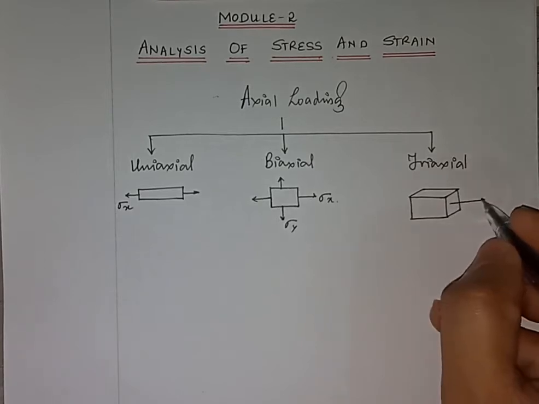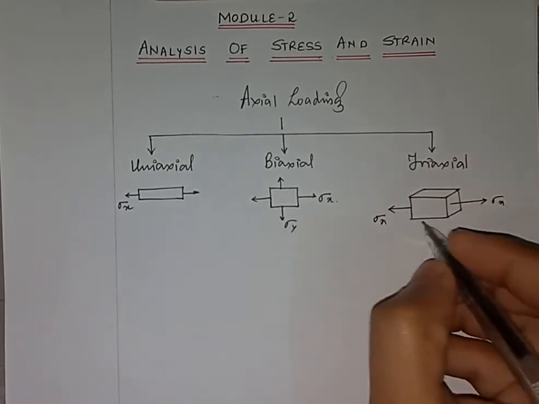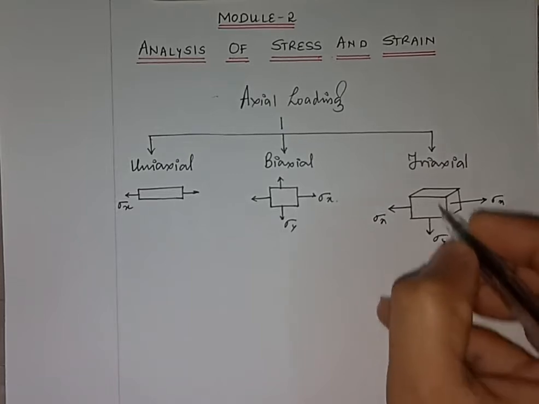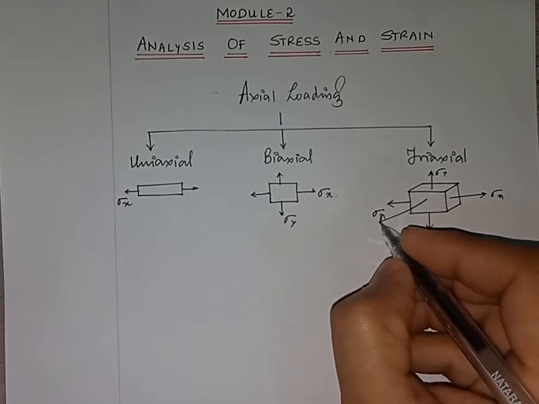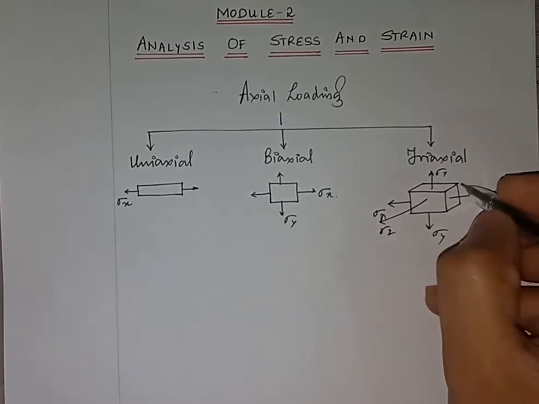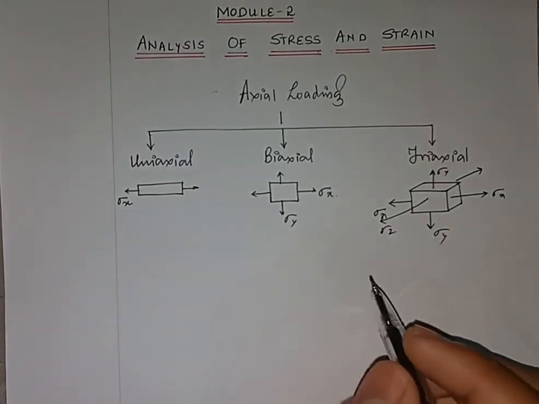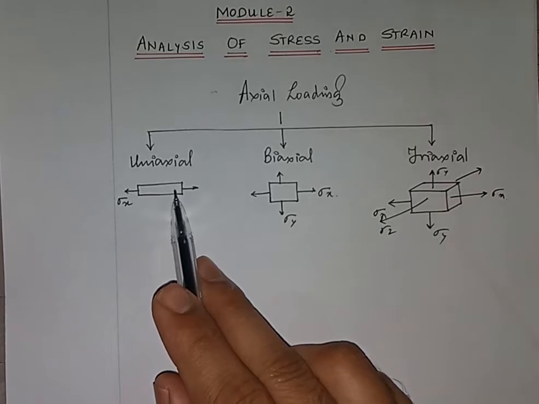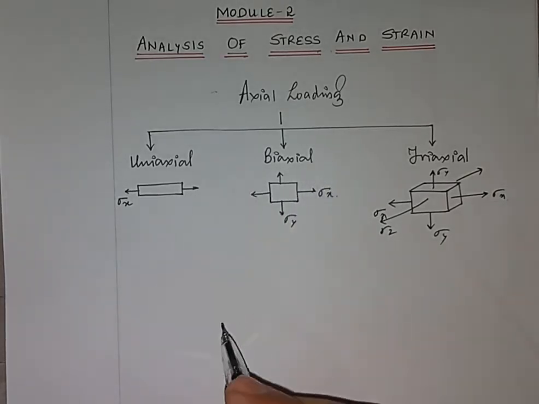So this is sigma x, on the other side also it is sigma x, this side it is sigma y, and this side it will be sigma z, on both the sides sigma z. So this is triaxial loading. Now about this we have studied in module number 1. Mostly in module 2 we will be concentrating on the second type of stress.